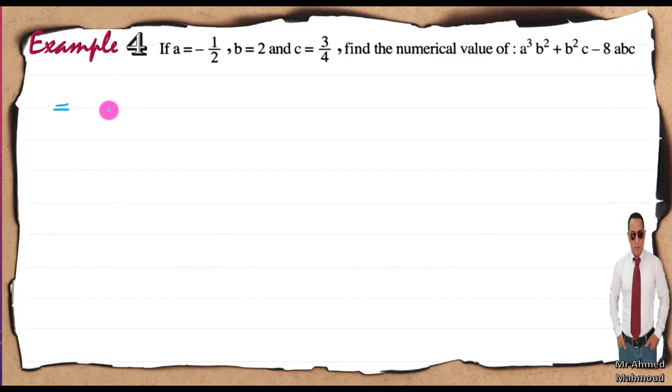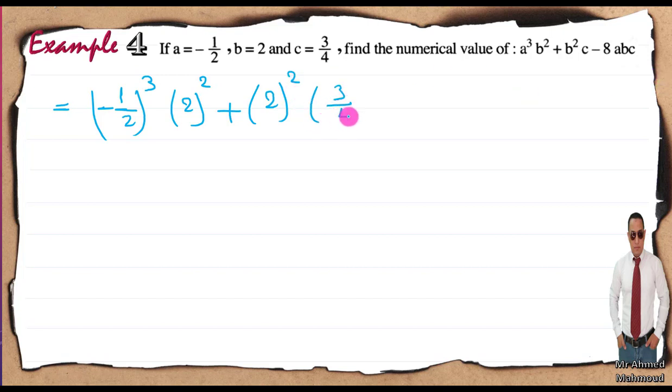A power of 3, it will be negative 1 over 2 all power of 3, B power of 2 times 2 power of 2 plus B power of 2 bracket 2 power of 2 times C bracket 3 over 4 minus 8 open bracket negative half, the bracket means times, and B bracket 2, C bracket 3 over 4 like this.